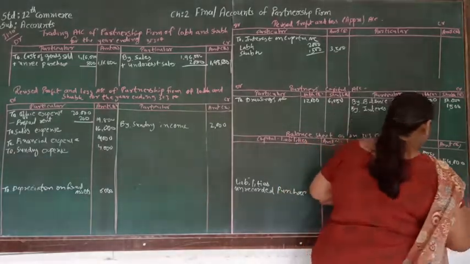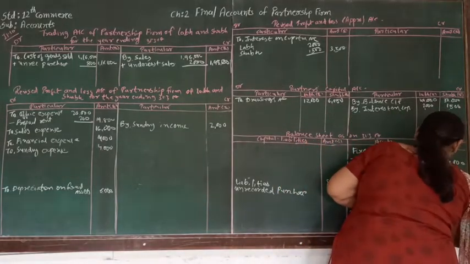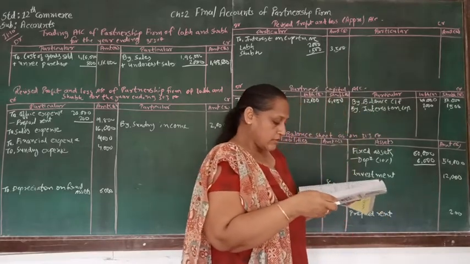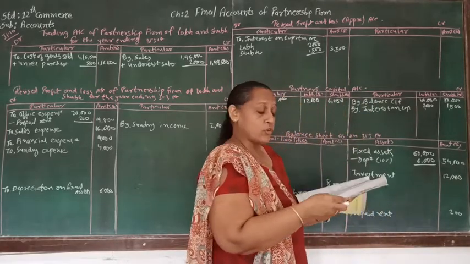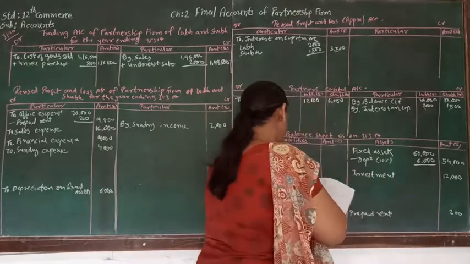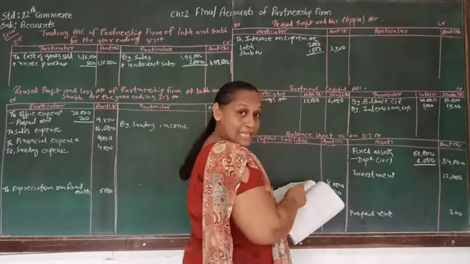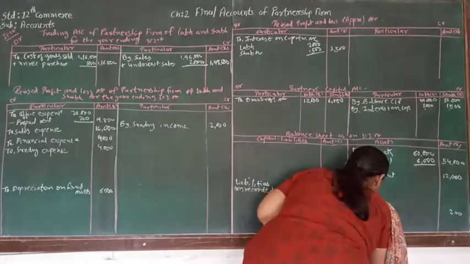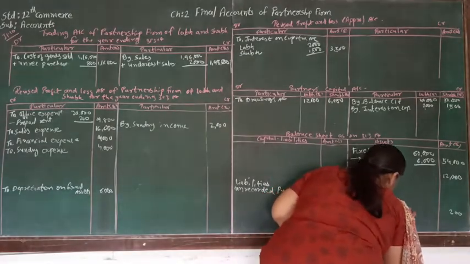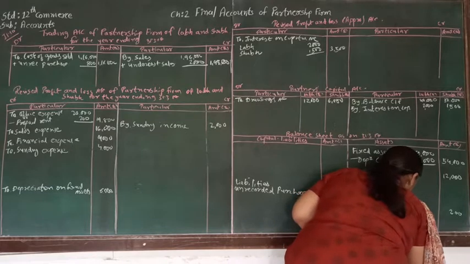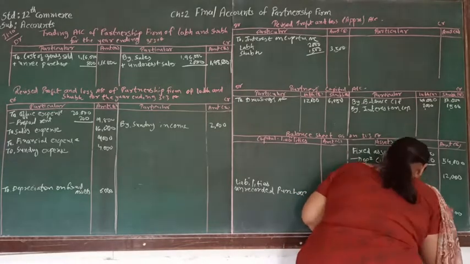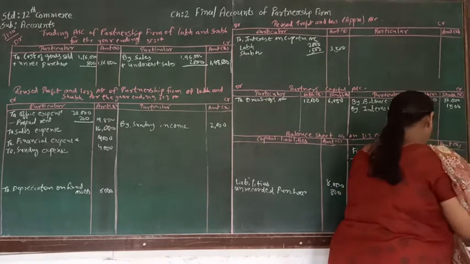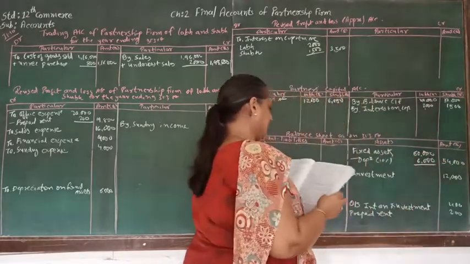Investment is 12,000. Now let's see adjustment number 4. Adjustment number 4, interest on investment is not received, 400. So here, interest on investment not received is outstanding income. So outstanding interest on investment is 400, and here again it will be treated as an income.